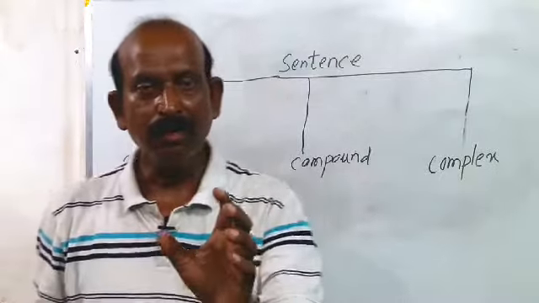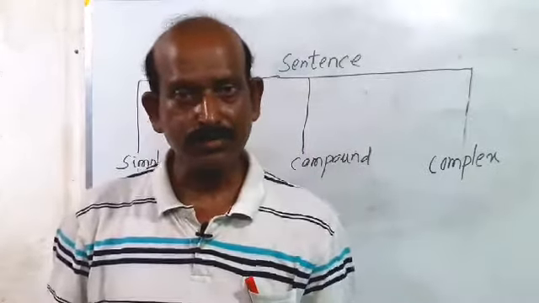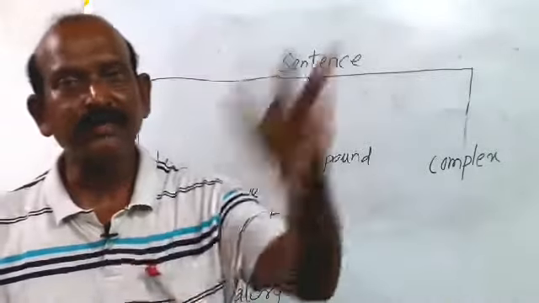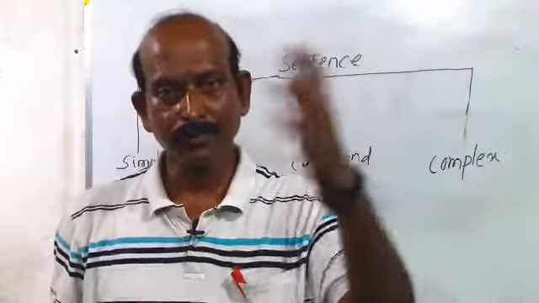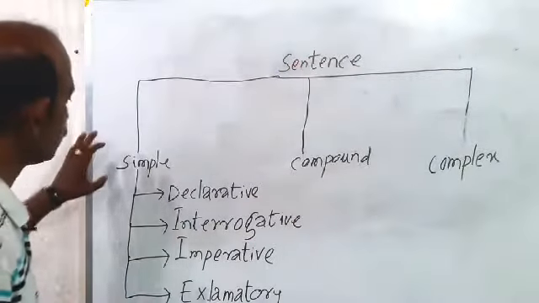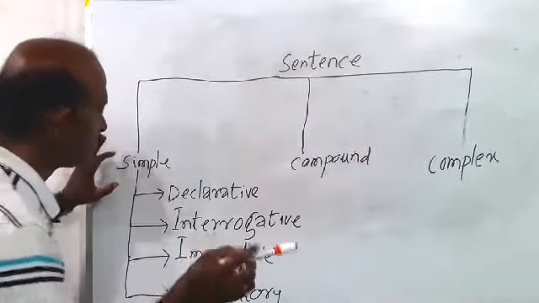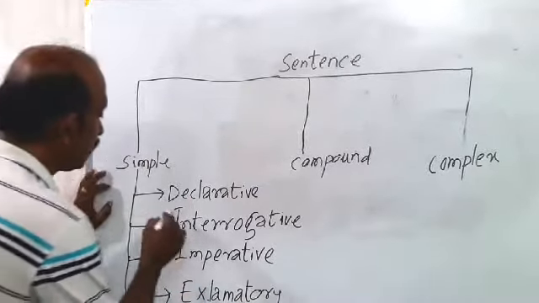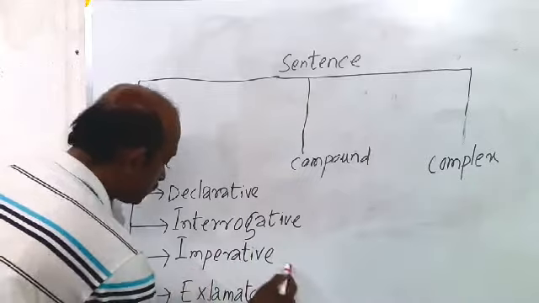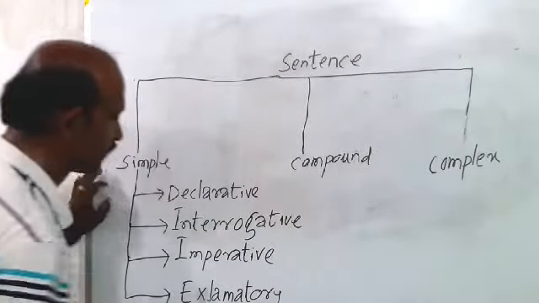And the simple sentence is also subdivided into various groups. Follow, I have written on the whiteboard. The simple sentence is divided into four categories: declarative sentence, interrogative sentence, imperative sentence, and exclamatory sentence.